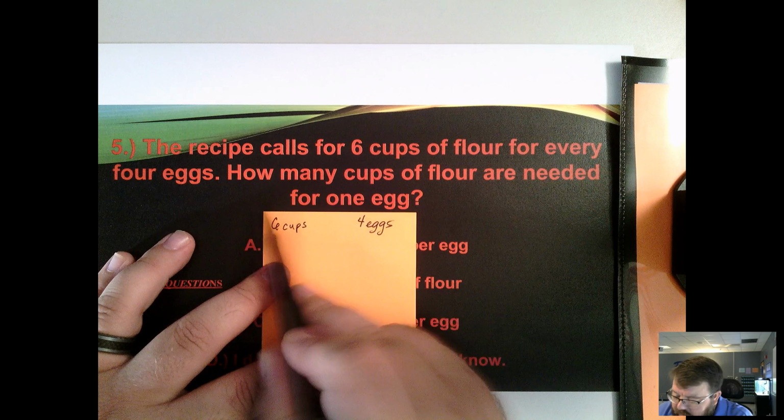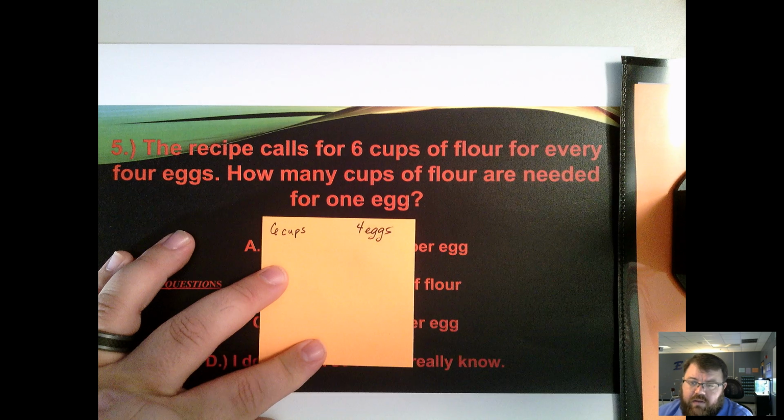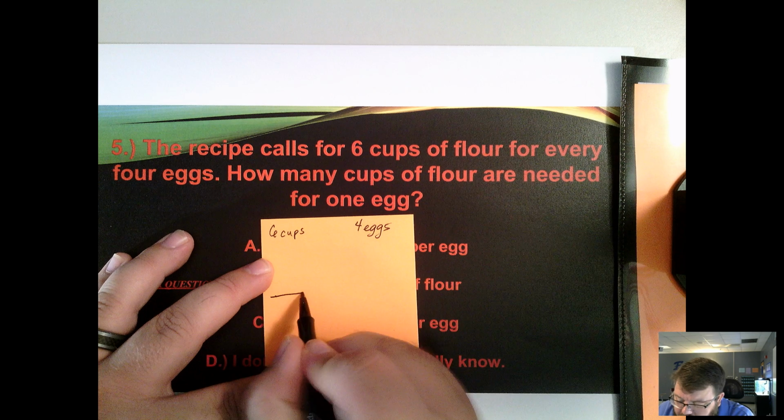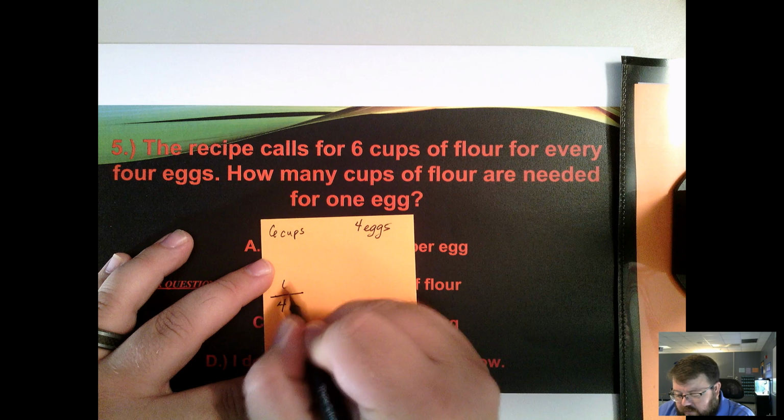My question is, how many cups of flour are needed for 1 egg? So per egg. So I know that eggs needs to go on the bottom, or in the denominator. 6 would go on top.